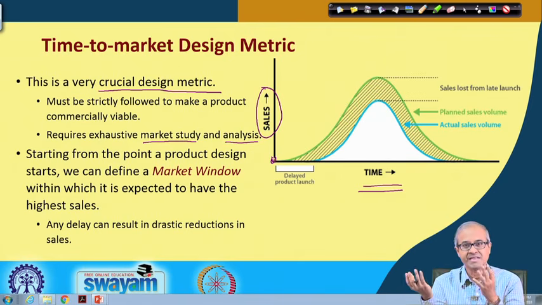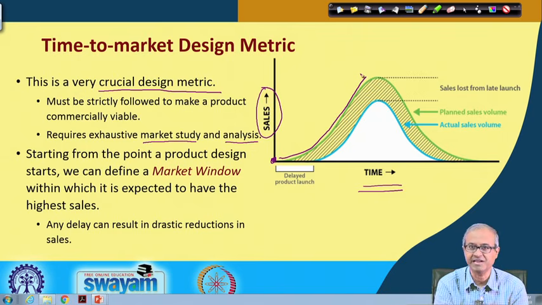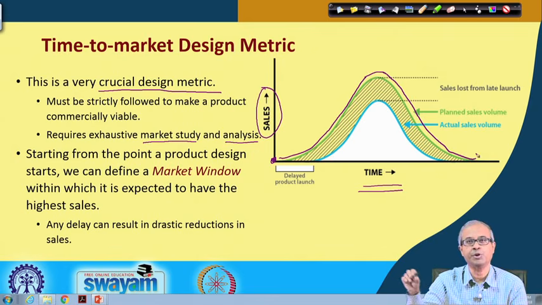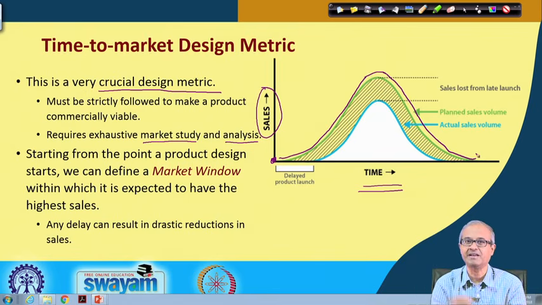Well, the customers also need some time to learn about the product. So, the sale increases slowly over time, like you see, this green line, and there will be a point where the sale will saturate, and beyond that point again the sale will start dropping down, and there will be a point where the product will become obsolete, no one is buying it anymore. This is a typical curve, sale versus time.